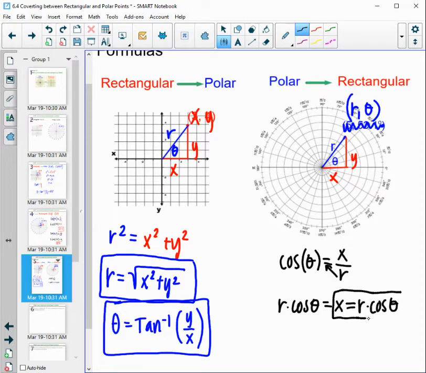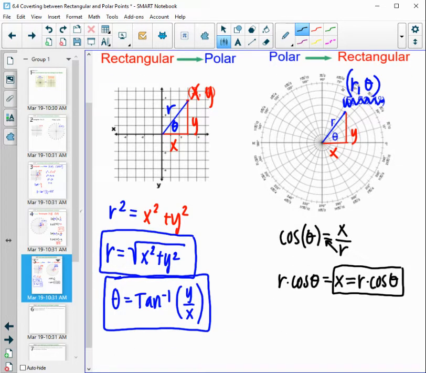Similarly, you set up a sine function to find the y, because that's opposite over hypotenuse. So sine of theta equals y over r. Again, you know r, so we multiply it up, and you end up with y equals r times sine of theta for your formula to find the y coordinate.